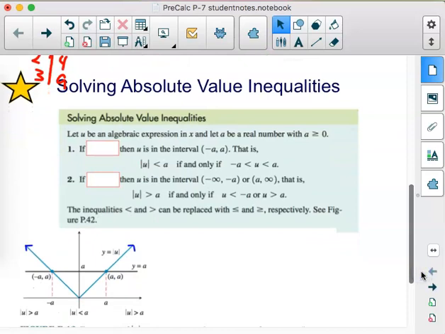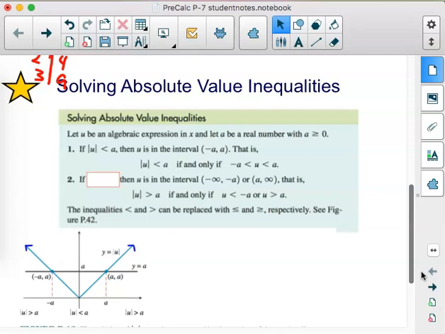So we're going to solve some absolute value inequalities just like you did in Algebra 2, and then we'll go from there. So solving absolute value inequalities, it says let u be an algebraic expression in x, let a be a real number where a is greater than or equal to 0, if the absolute value of u is less than a, then u is in the interval from -a to a.